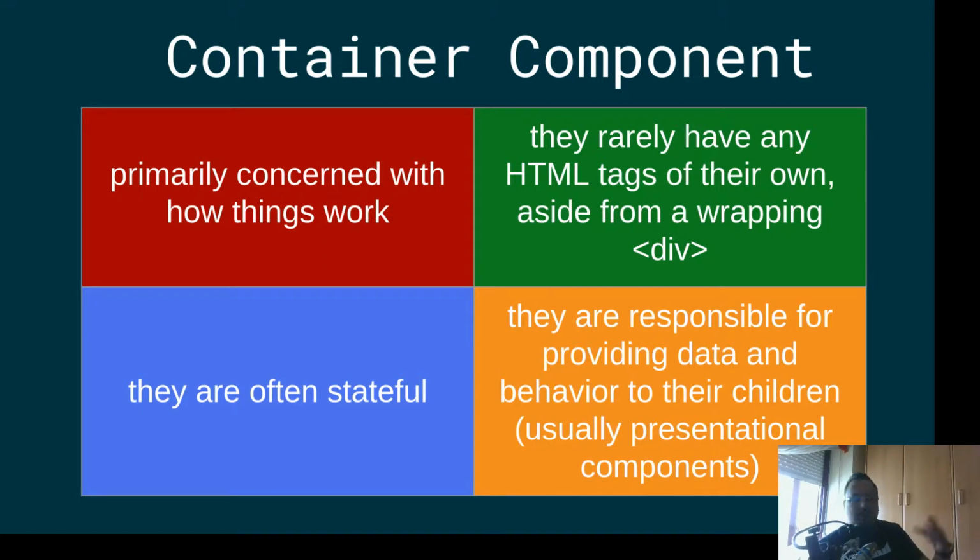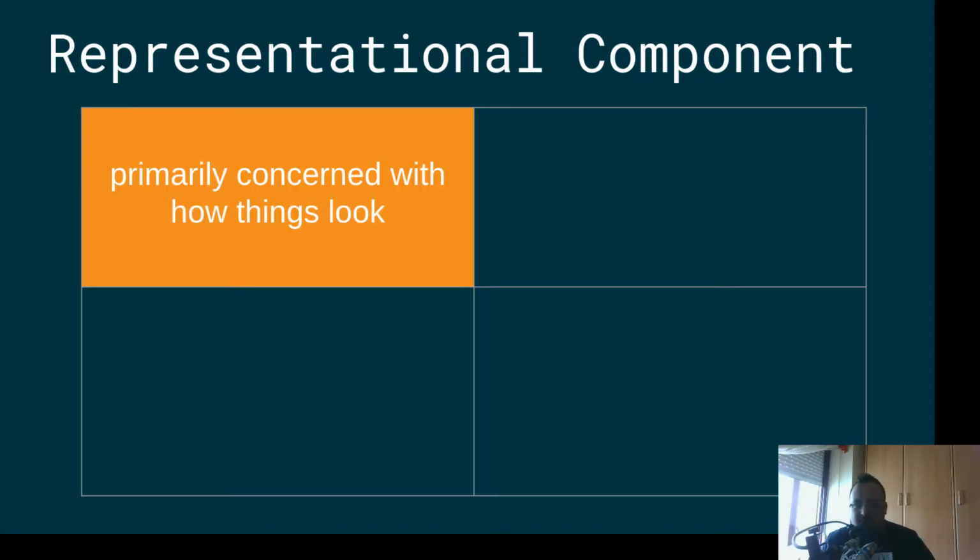So they fetch the data, they have the state, they don't have HTML, they're concerned about how things work, they are the C, the controller part of the MVC, and usually have presentational components as children. Okay, so let's see the presentational components.